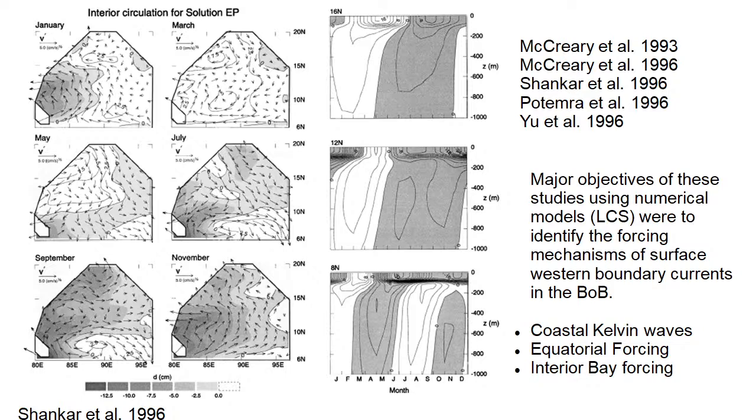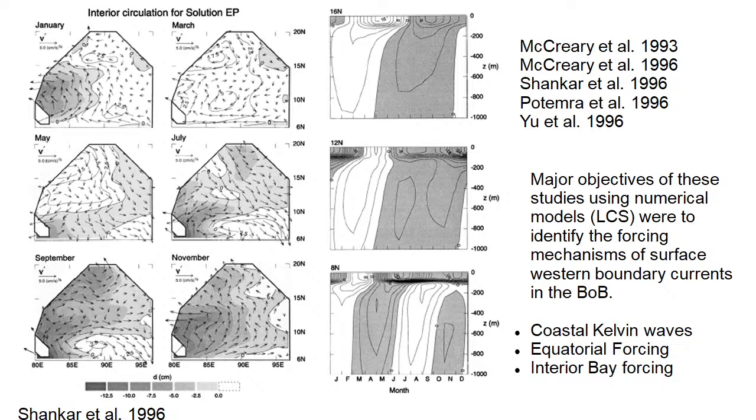But the major part of the modeling studies used much simpler, linear models, and they were mostly looking at the different mechanisms that can drive the coastal currents. They were running sensitivity experiments to see what could happen if there is forcing in the central Bay of Bengal, or forcing from the equator, using the LCS model.